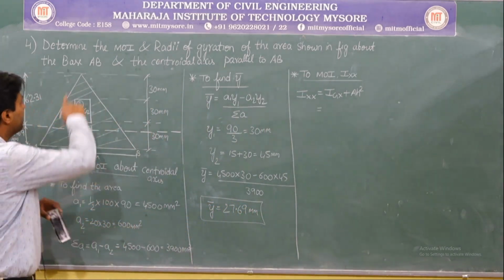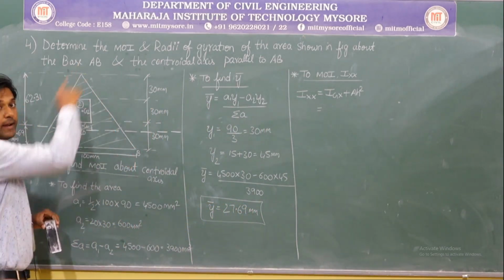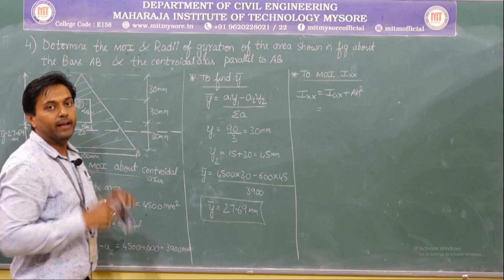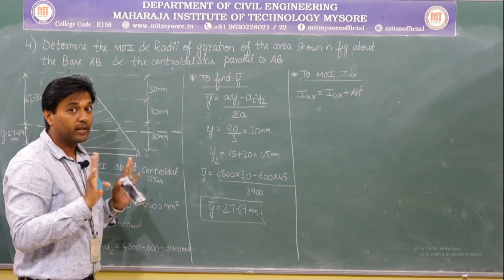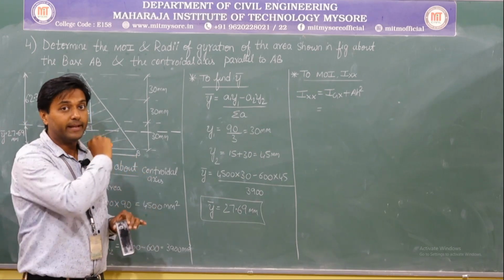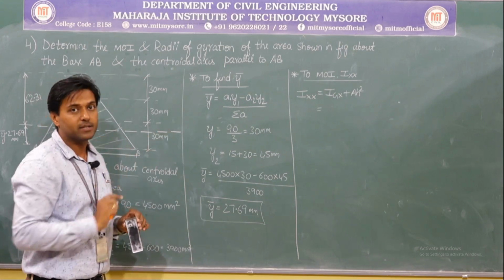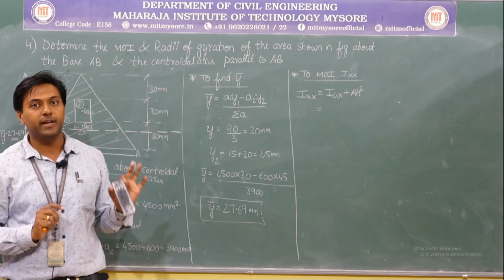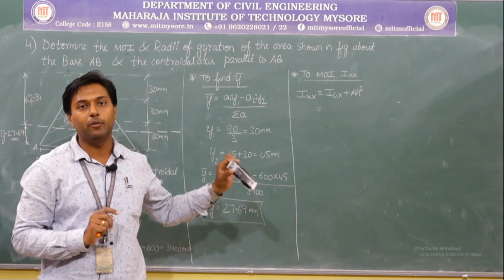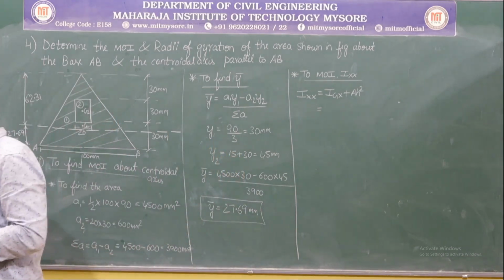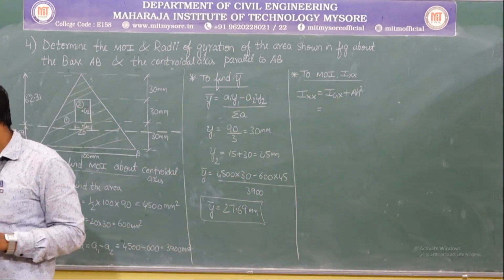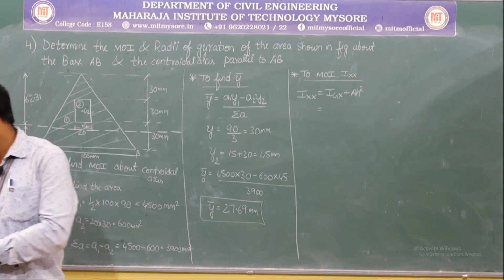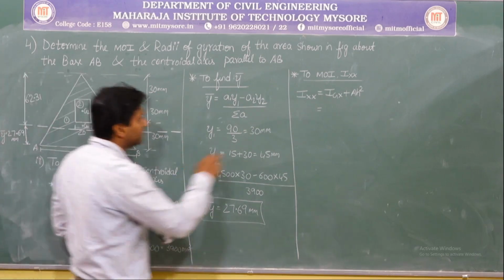The first diagram is a triangle. For a triangle, I am not calculating it about the base, I am calculating it about the xx axis. What is the formula of moment of inertia of a triangle about the xx axis? It is b h cube by 36. Please remember, it is b h cube by 36.